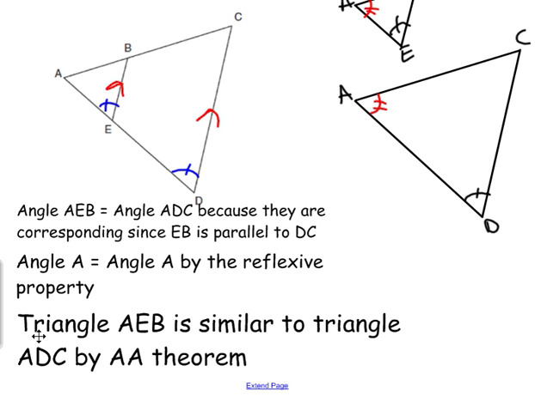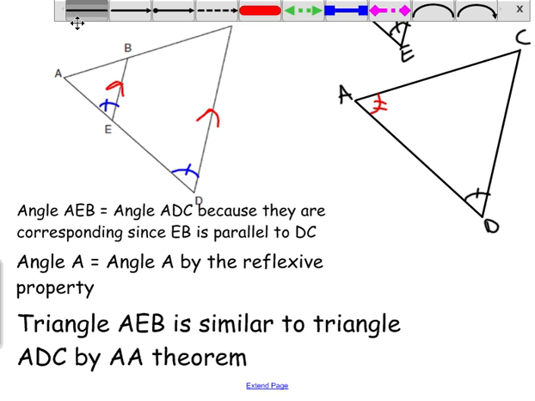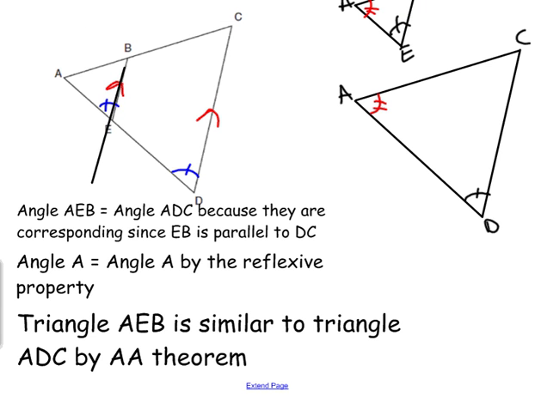So let's review it real quick. Angle AEB is congruent to angle ADC because they are corresponding since EB is parallel to DC. Remember, this line here is parallel to line DC, and this is acting like a transversal. So these are your corresponding angles.